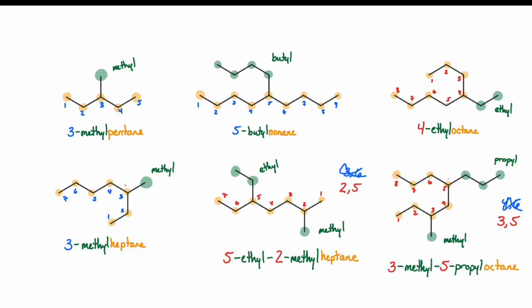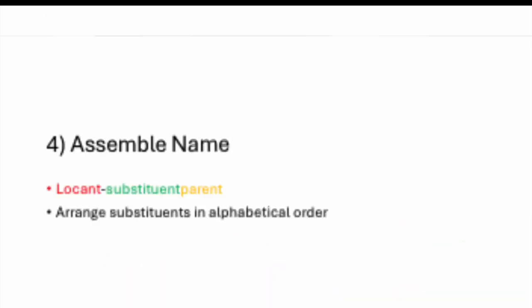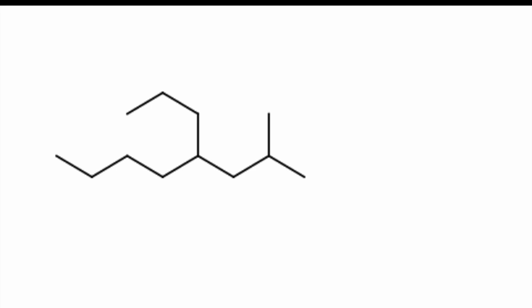All right, so now let's talk about some more specialty examples here, okay? Sometimes you can find 2 parent chains that are tied, right? The same number of carbons. Let me just show you an example. So here we could have, let me make a copy of this actually.